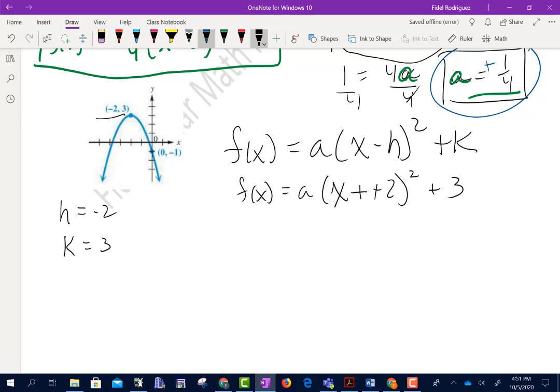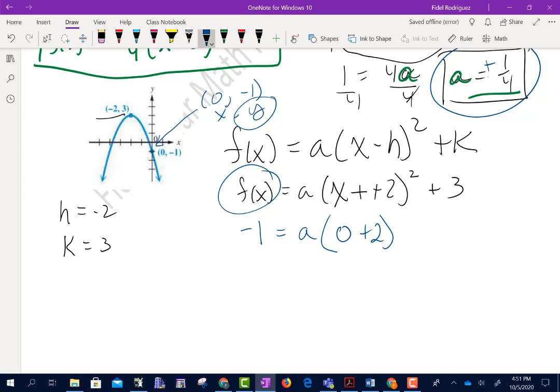Okay. Then the other piece of information we have is we know the coordinates of this point here being the point (0, -1). Remember, that's my x and that's my y. Remember, y is the same thing as f of x. So right here, I'm going to write in my number -1 equals A. x is the number 0 plus 2 squared plus 3. Okay.